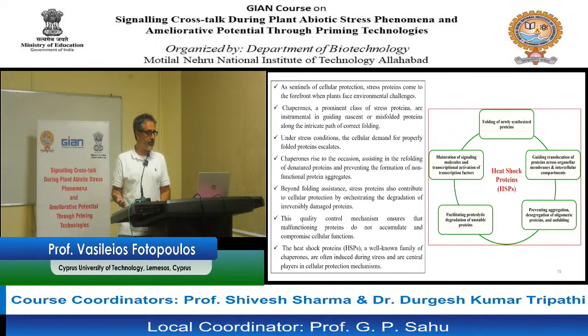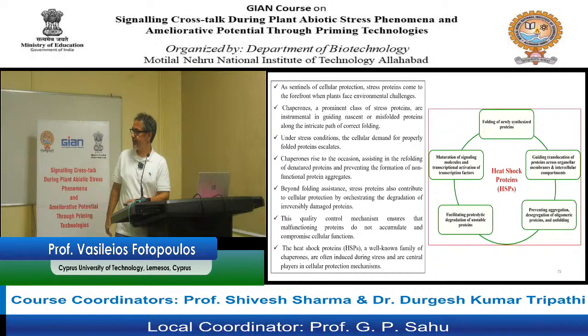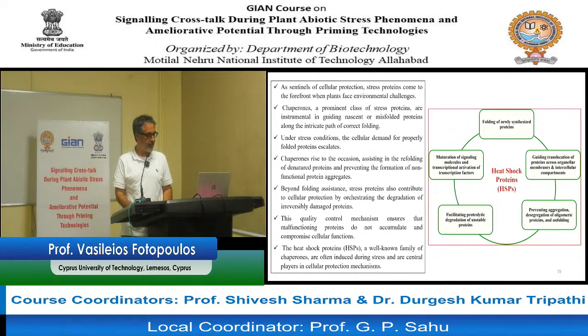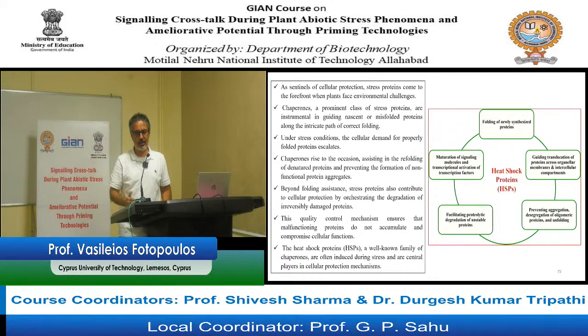So stress proteins come to the forefront when plants face environmental challenges. Chaperones mainly work in the unfolding of denatured proteins, and preventing the formation of non-functional protein aggregates. And beyond folding assistance, they also contribute to cellular protection by guiding the degradation of the irreversibly damaged proteins due to oxidation, nitrosylation, and so on.